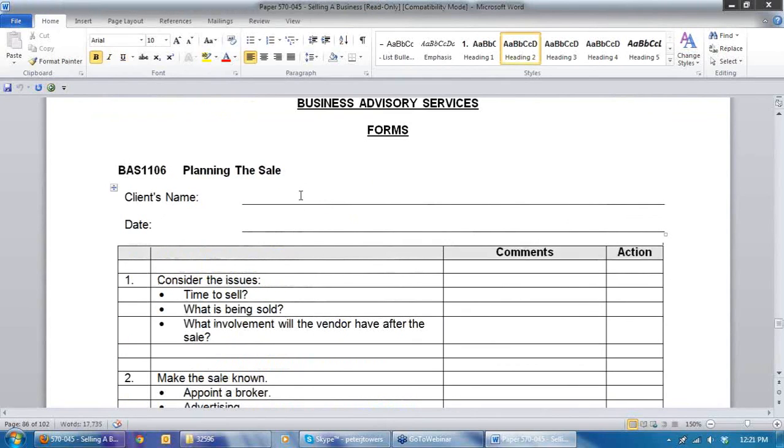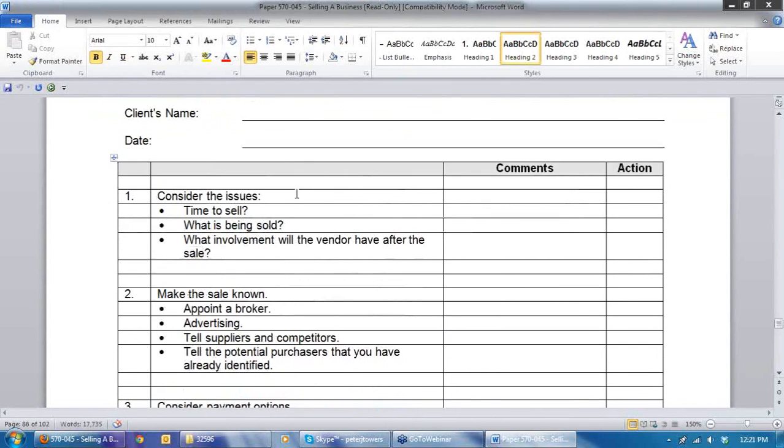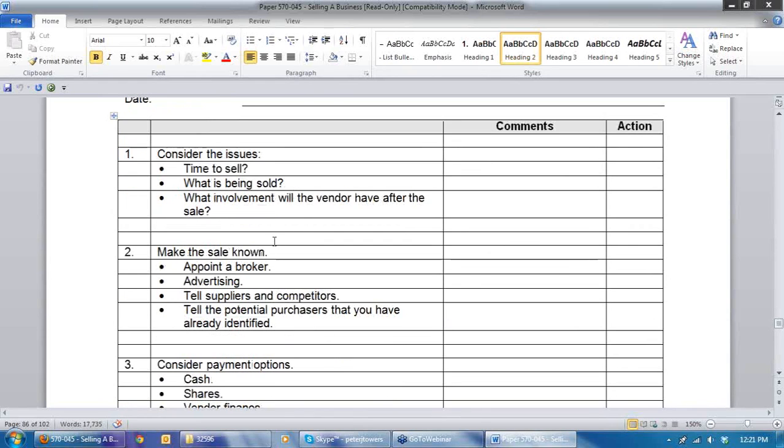We have a document here, planning the sale. When's the best time to sell? We all know that business valuations and sale of businesses can be maximized at various cycles. The selling cycle is not at its peak at present. It's very much in the doldrums, although some businesses are selling.